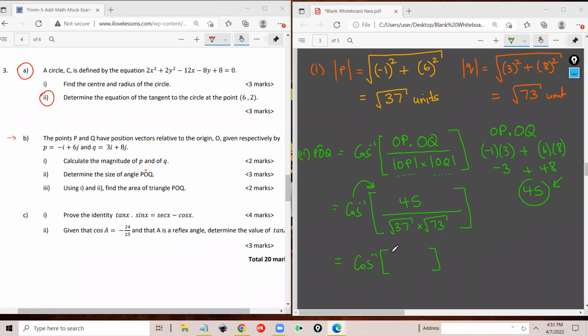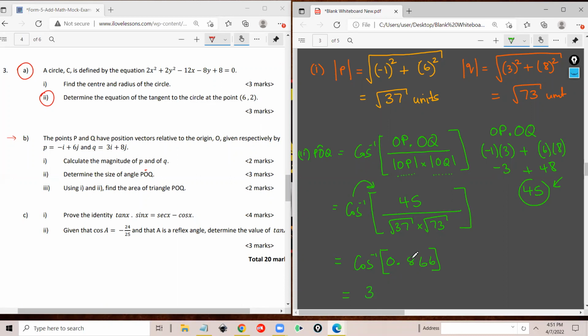In the brackets, I'm getting this, but if I have it wrong, feel free to correct me. 0.86, if I go to 3 decimal places, 0.866, somewhere around that. And then when I cos inverse it, second function, cosine 0.866, I'm getting roughly 30 degrees.